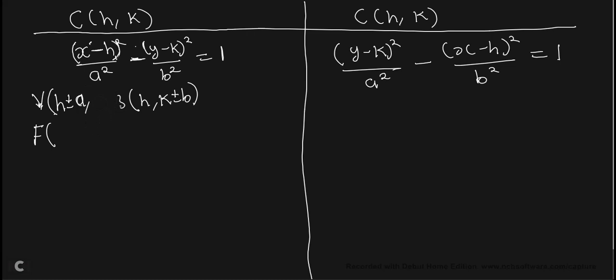Your a is in the x-axis, so it would be h plus or minus c, k. Your directrix will start with x equal to plus or minus a squared over c.